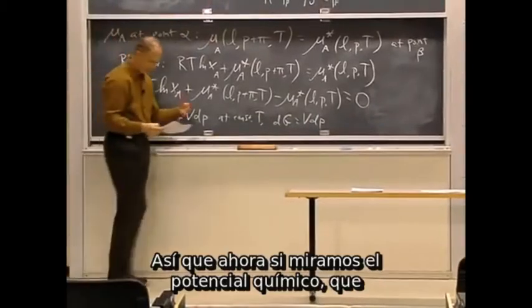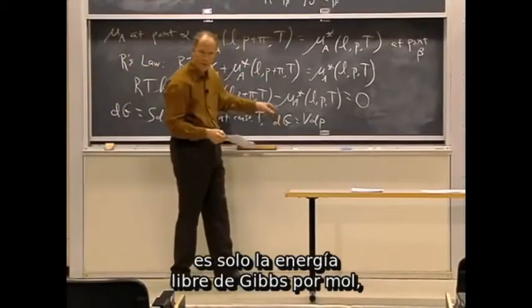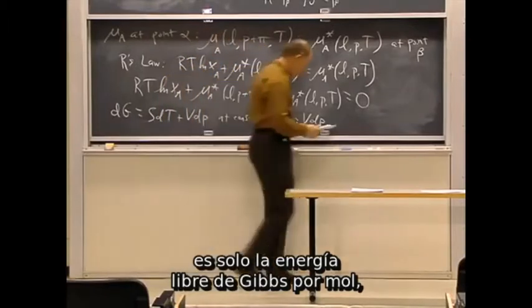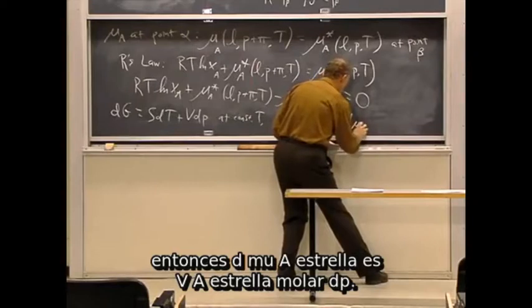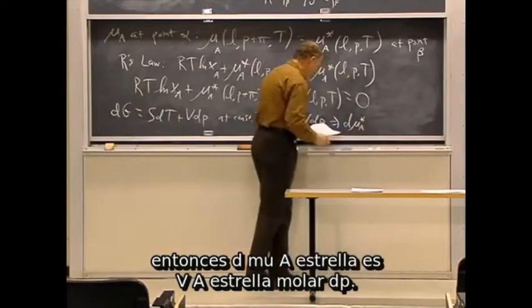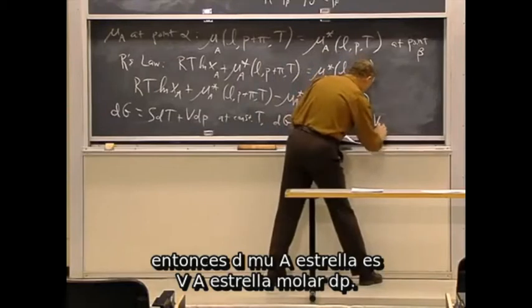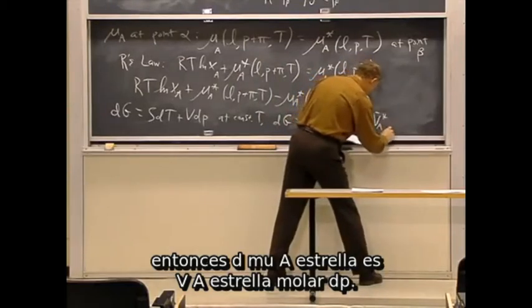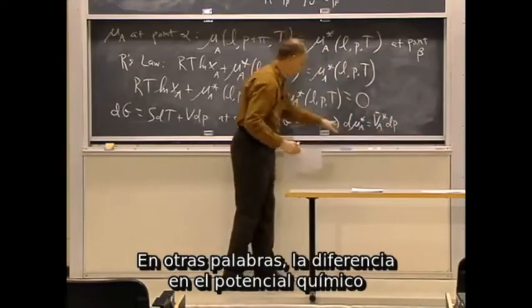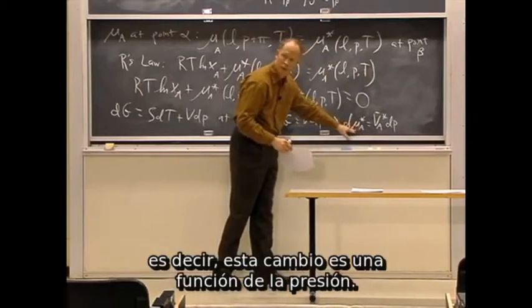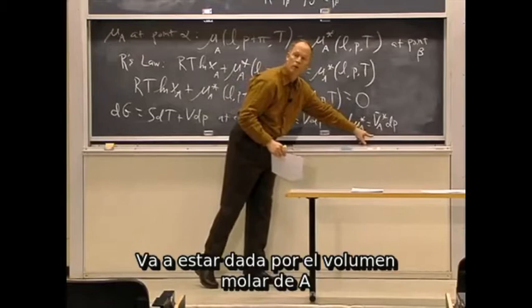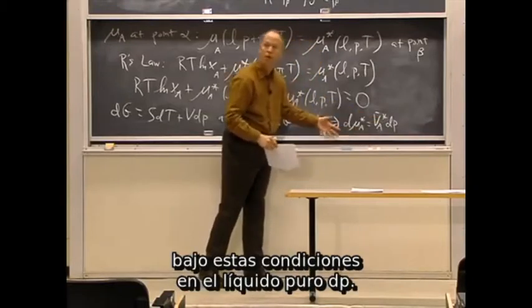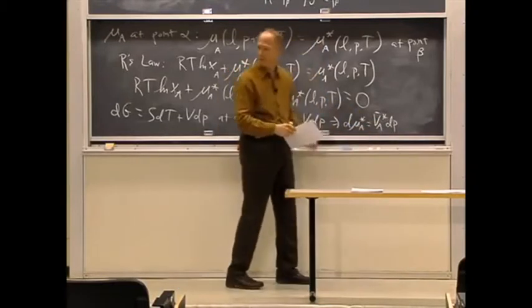So now if we look at the chemical potential, which is just the Gibbs free energy per mole, then d mu A star is VA star molar dP, right? In other words, the change in the chemical potential as a function of pressure is going to be given by the molar volume of A under these conditions in the pure liquid, dP.